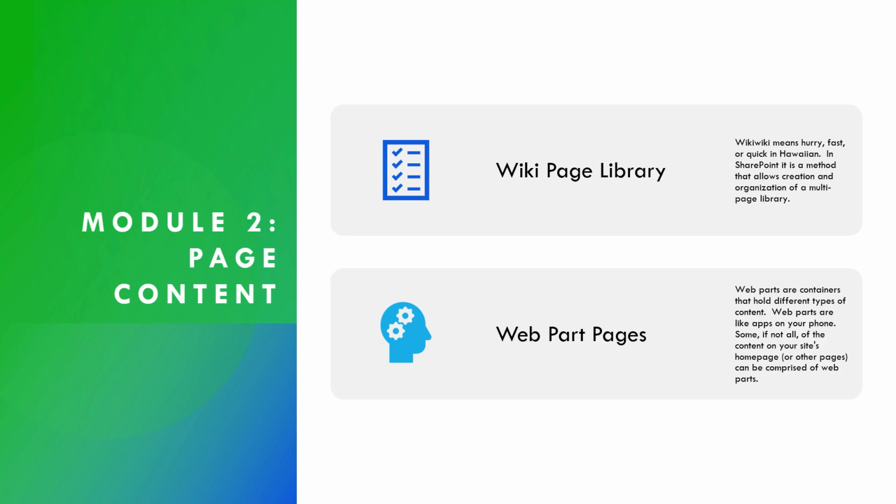Web parts are kind of like apps on your phone. Some, if not all, of the content on your site's homepage or other pages can be comprised of web parts. And we're going to be dealing with both of these categories of creating page content in this module.